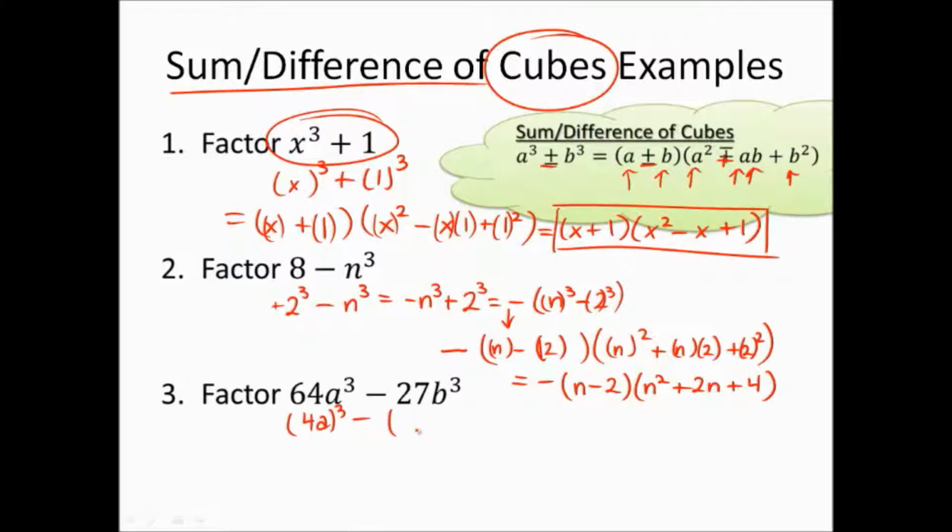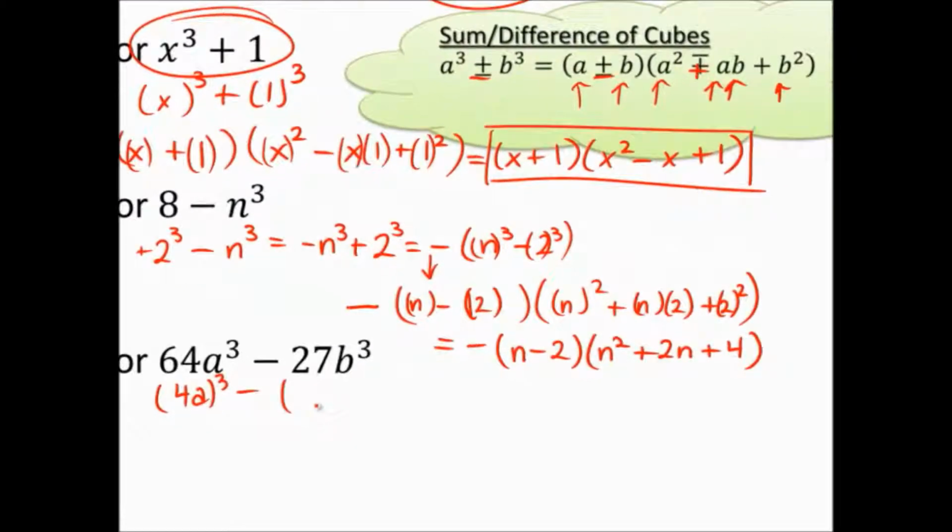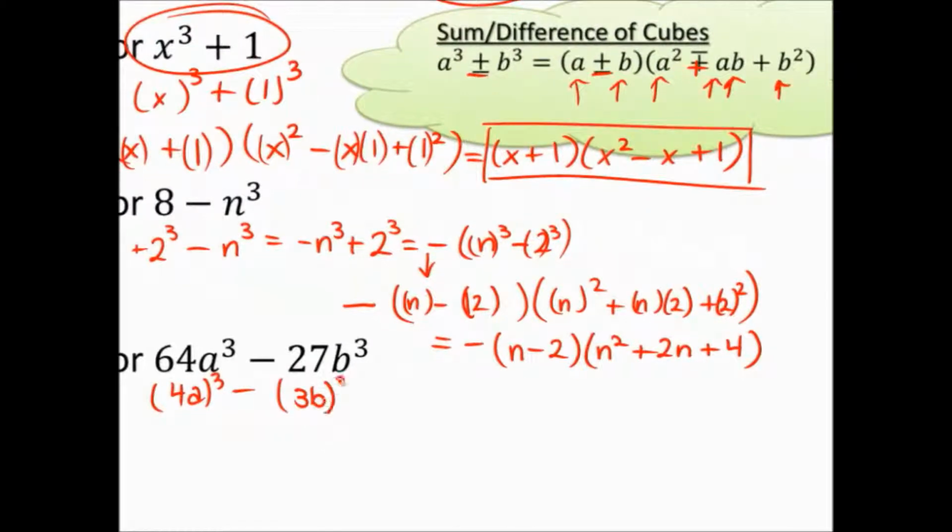And 27 is 3 cubed, so 3b to the power of 3. All right. Now, again, just as before, we're sticking it into the formula with the negative there. So let's try that again.